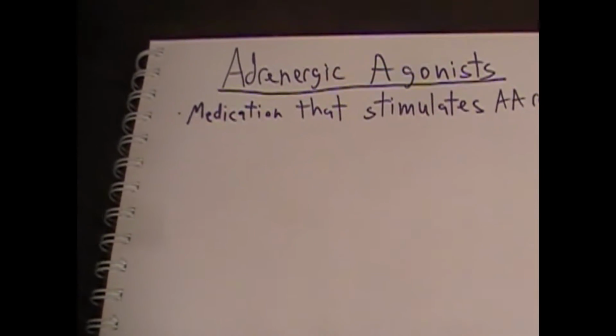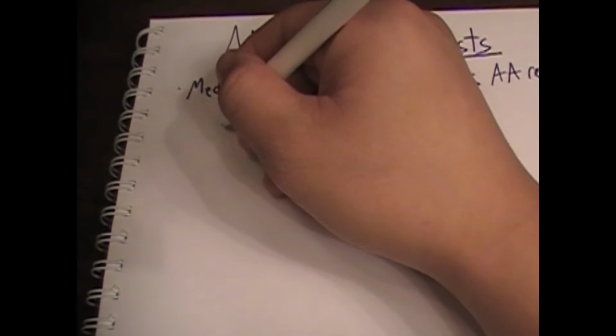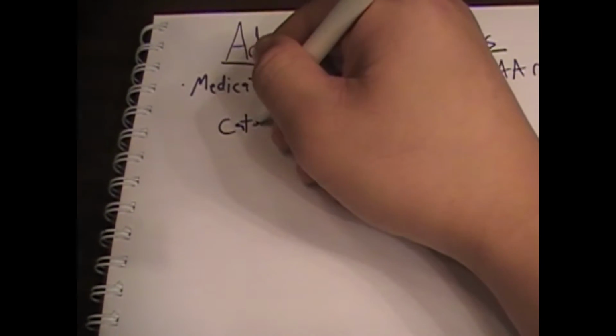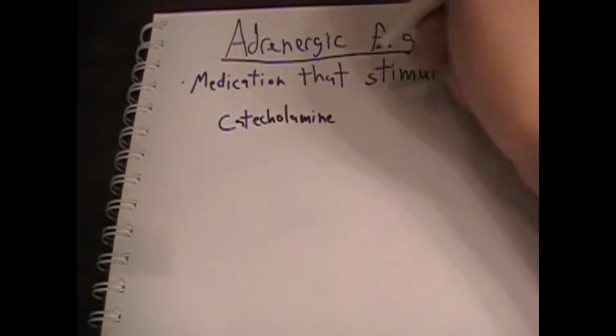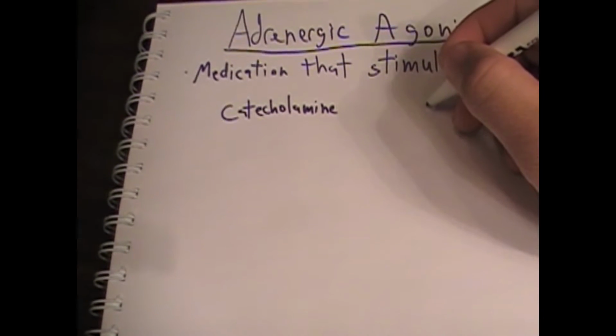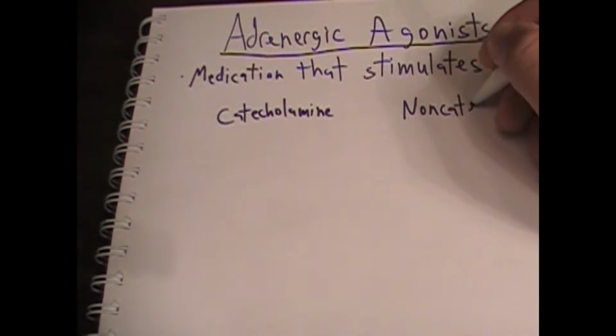Now the first class, two classes. The first class is the catecholamine adrenergic agonists, and we also have the non-catecholamine.